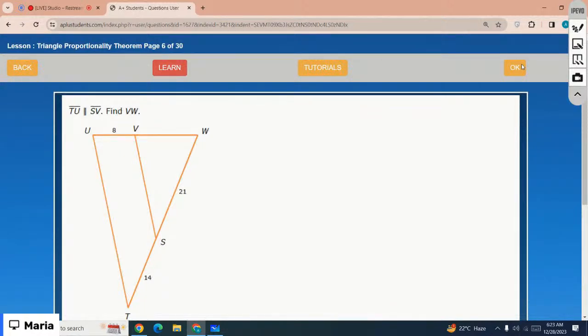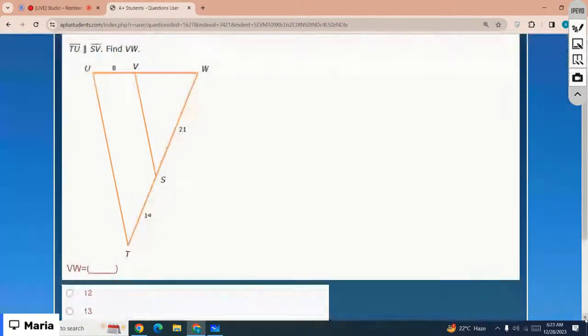TU and SV are parallel. Find VW, which is the correct option?